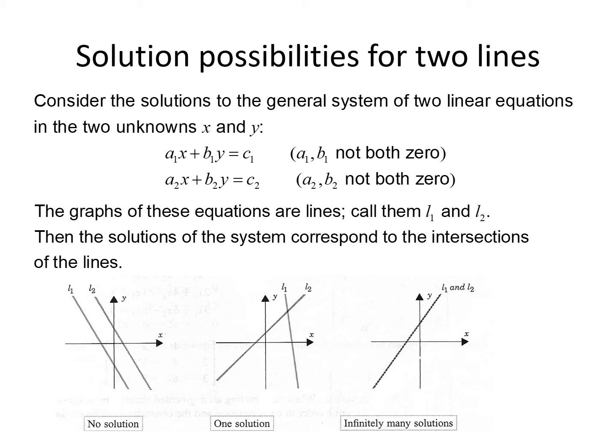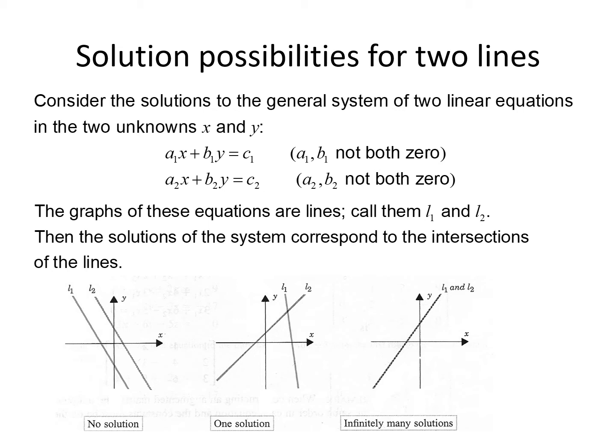But if these two lines intersect at one point, it means the system has a unique solution. But if both lines overlap each other, it means the system has infinitely many solutions.